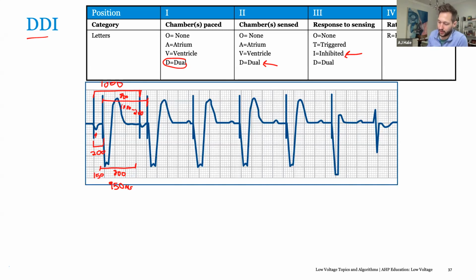But whenever you're programming, you want to go with the best opportunity to have AV synchrony, and the best opportunity to follow the intrinsic activity of their heart, so what their heart would do normally. So we want to reduce RV pacing if at all possible, because that can contribute to heart failure.